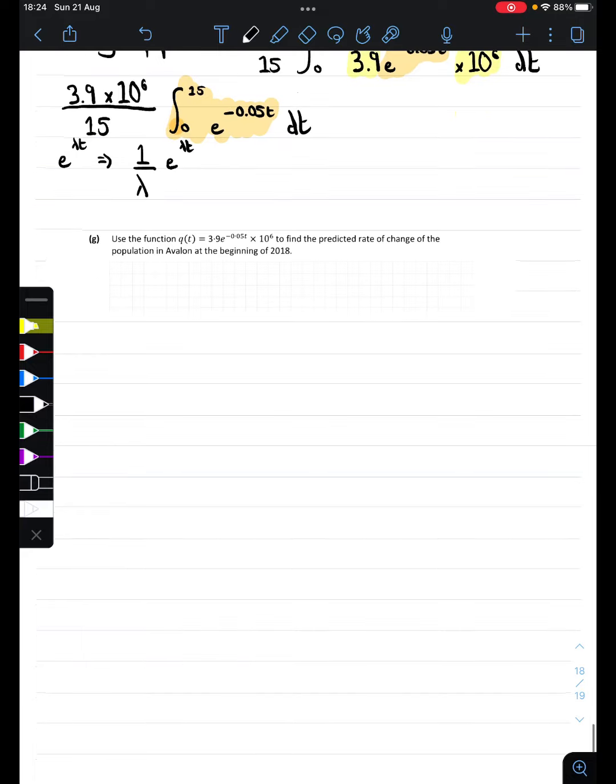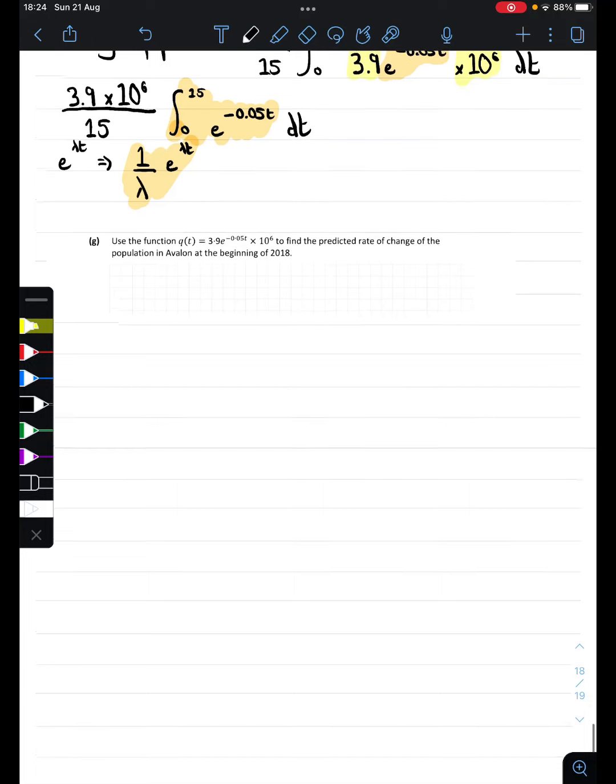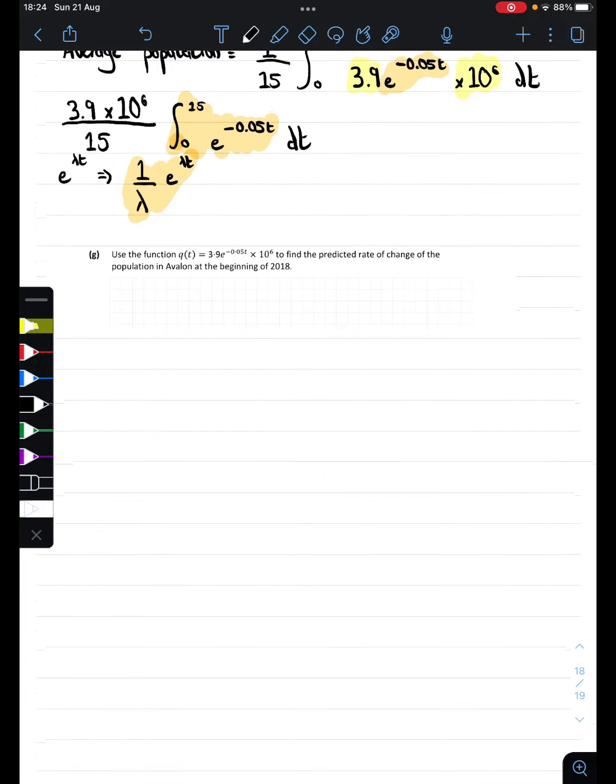That's what the integral of this is, just in general. Because if you think about it, if we differentiated this, and the integral is just the anti-differentiation, then the derivative of this would just be lambda times 1 over lambda by e to the lambda t. So these would cancel, and we just get e to the lambda t.